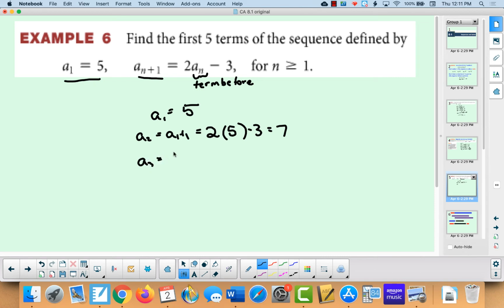A sub 3 is equal to a sub 2 plus 1. So n is 2 in this case when we're trying to find the third term. So 2 times the second term, which is 7, minus 3 is 14.